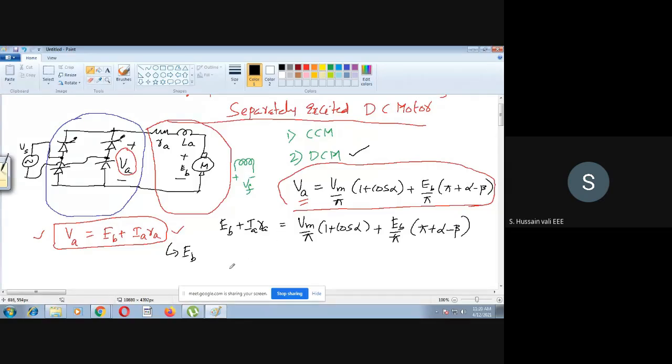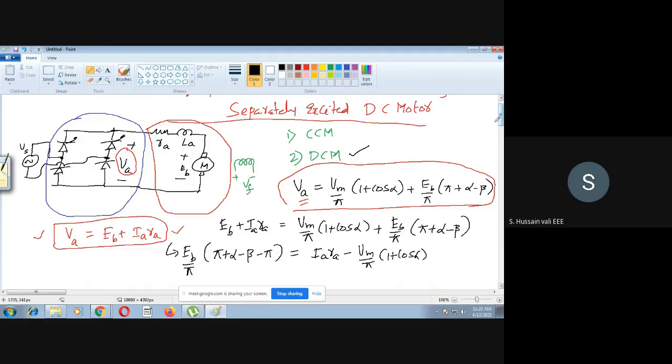Okay, so then we will get EB by pi, taking it in common, into (pi plus alpha minus beta). Sending this EB to that side, it becomes EB into (pi minus pi plus alpha minus beta), that is equal to IA RA minus Vm by pi into (1 plus cos alpha).